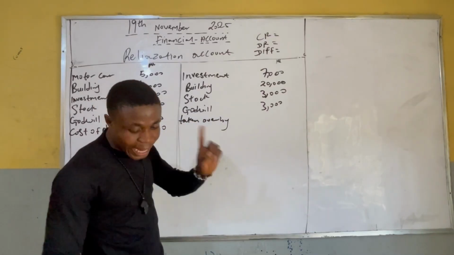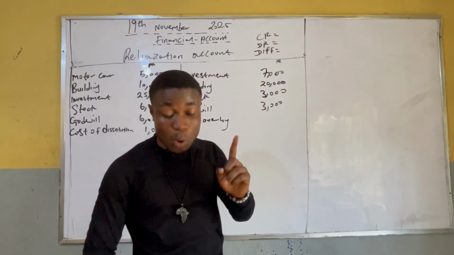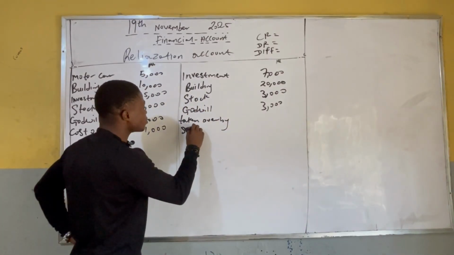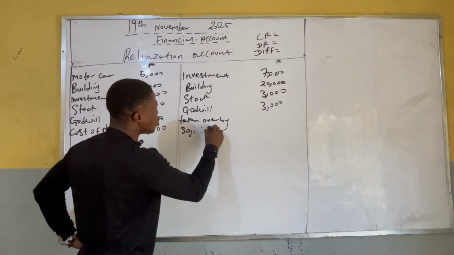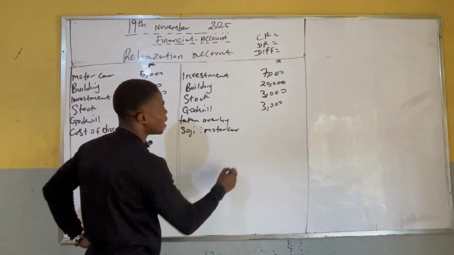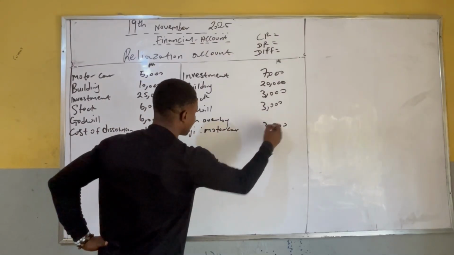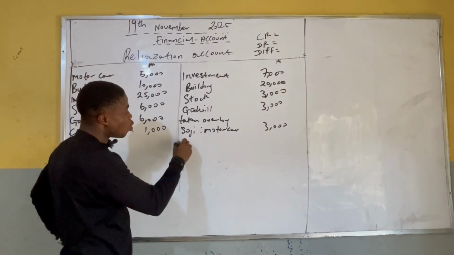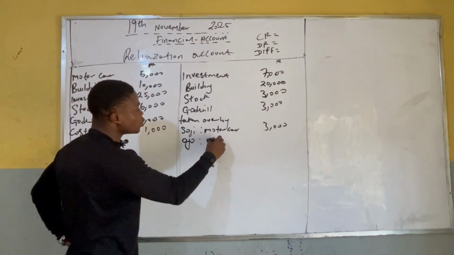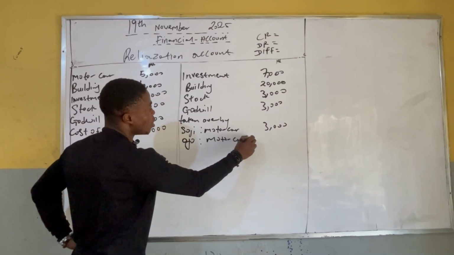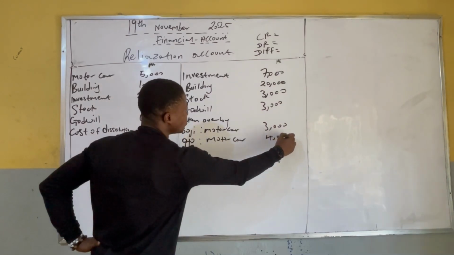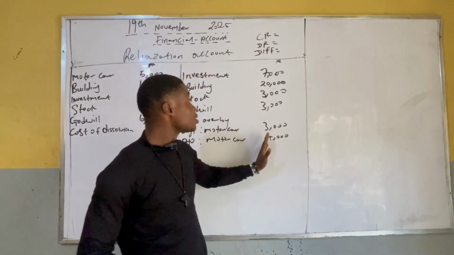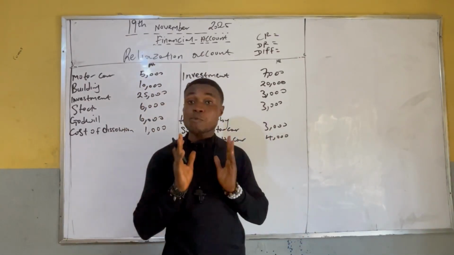By Soji, motor car, 3,000 naira. And who again? Ojo, the same motor car for 4,000 naira. That is it. These are the information that we have been given, that we have worked with now.